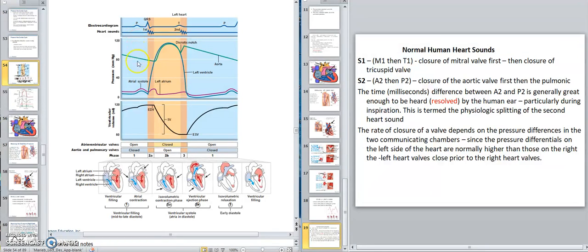So if we come down some, we can see here's the P wave, and shortly while the P wave is going on, you get atrial systole, showing that the P wave, atrial depolarization, which is a charge activity, would lead to the mechanical activity of this.